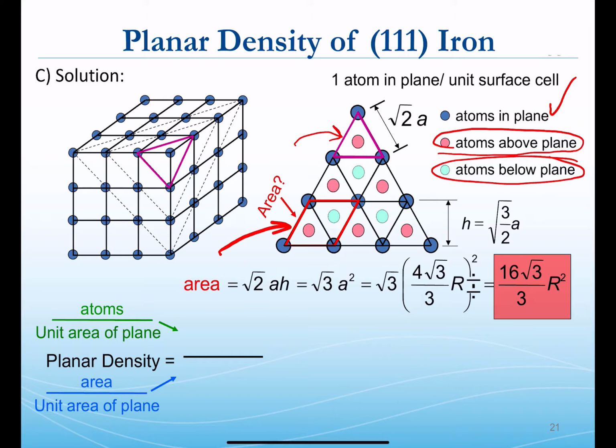So in the purple triangle here, we have a sixth of an atom at each corner, and so 3 times a sixth would give us half an atom in that triangle. Because 2 of those purple triangles add up to my parallelogram, you can imagine that we're going to have a numerator here that's twice as big. So 1 whole atom there.